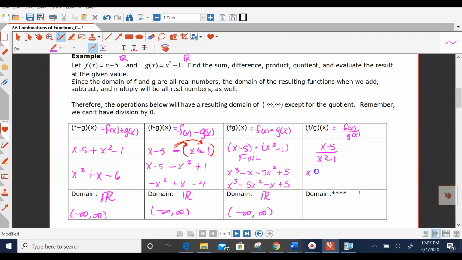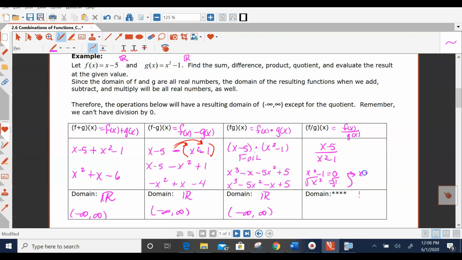So I'm just going to come on the side, set x squared minus 1 equal to 0 and solve it. And that's a quadratic, so it's going to have two answers. Since it's missing the middle term, I can just take the 1 over and use the square root method of square rooting both sides.